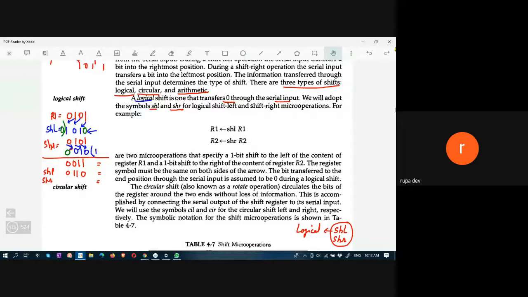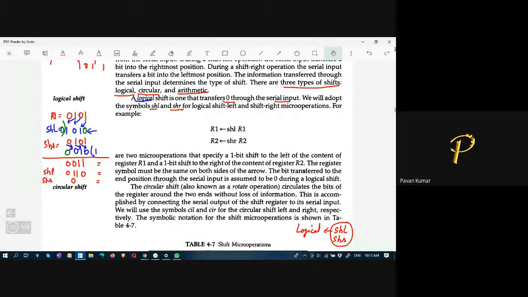Okay. 0010, madam. Shift right. How? We are adding zero, ma'am. We are shifting the zero to right, right? This is right. Right of the zero is this side.